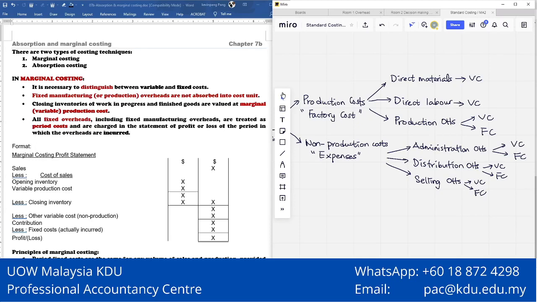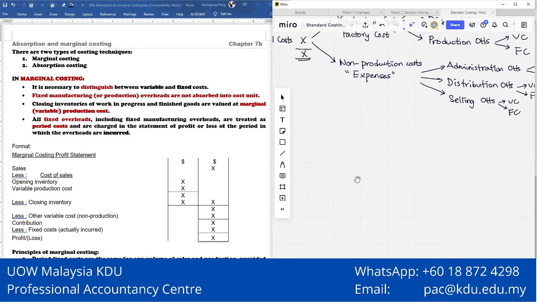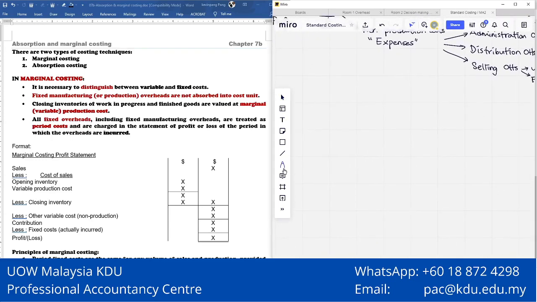The main thing here is that when we want to calculate the product cost per unit under the marginal costing technique, I want to calculate how much my product cost per unit is. Say this is the product that I make. Now I want to find this product cost.